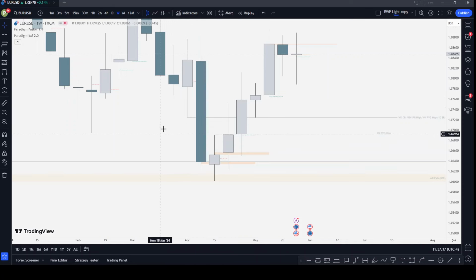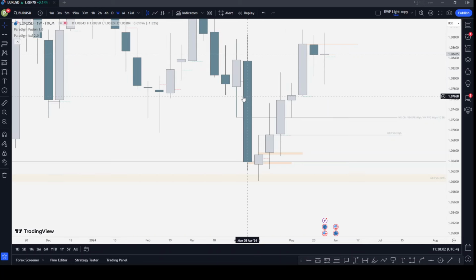Change in state is when a previously bullish new week opening gap turns bearish because there is a close below it. And if the new week opening gap is initially bearish and there is a close above it, that new week opening gap becomes bullish.